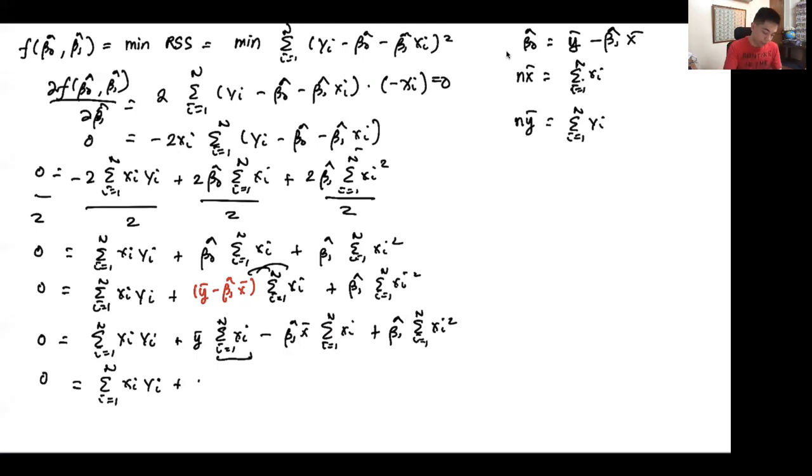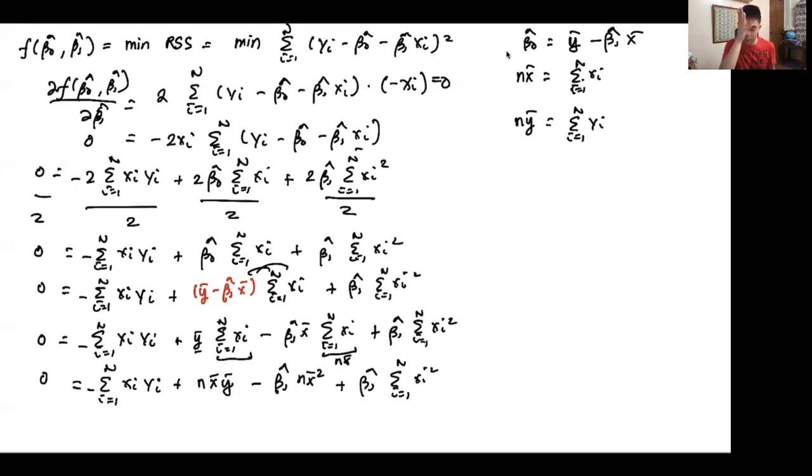So this is n x bar y bar, the y bar remaining there, minus, this one is n x bar again. So you have beta 1 hat n x bar squared, right? You have now 2 x bars there. Then the last term remains the same, beta 1 hat sum i equals 1 to n of x_i squared. Okay. Now all the terms, oops, we forgot the negative sign here. So all of these should have a negative.